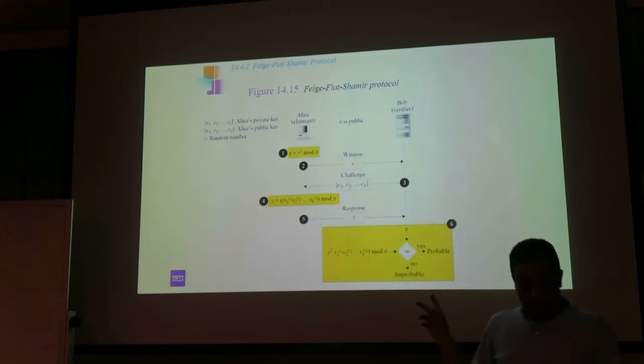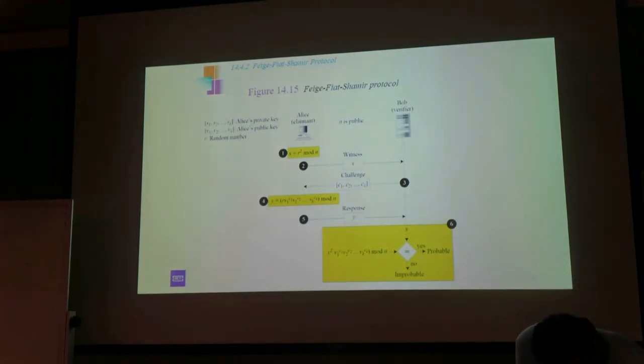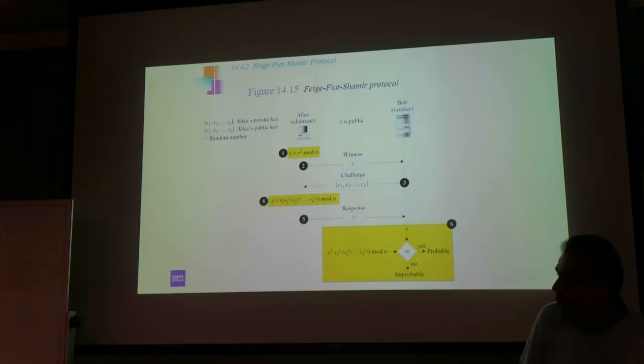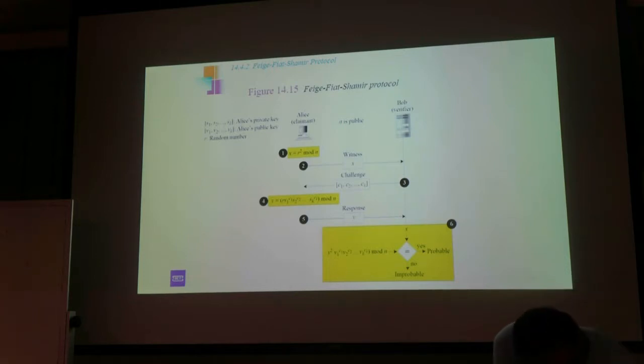Here, we could have fewer rounds by choosing large prime numbers P and Q, then calculating n, which is P times Q, and then choosing an exponent E instead of the power of 2 exponent. Alright?